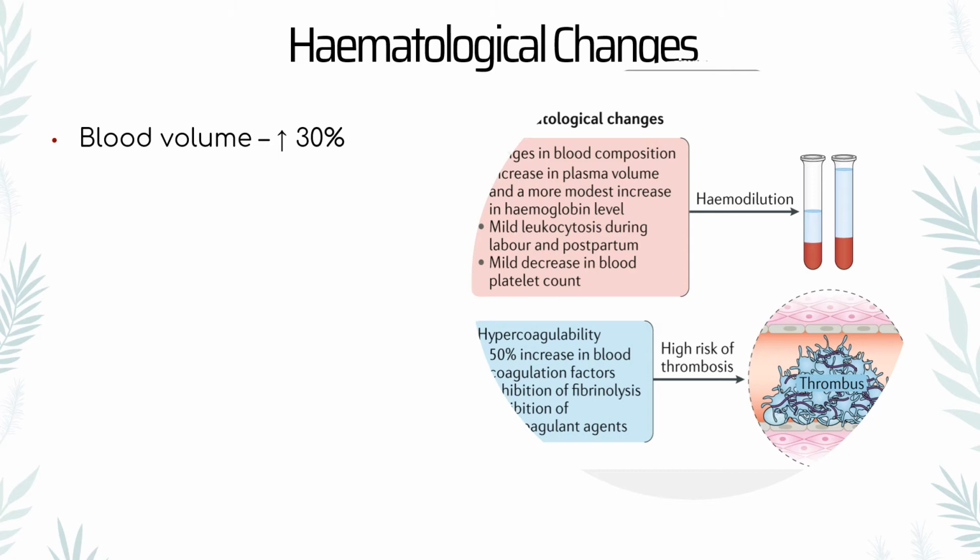It begins to increase by the 12th week of pregnancy and continues till delivery. The plasma volume increases relatively more than the red cell volume, which causes the hemodilution, and that is the cause for the physiological anemia of pregnancy.